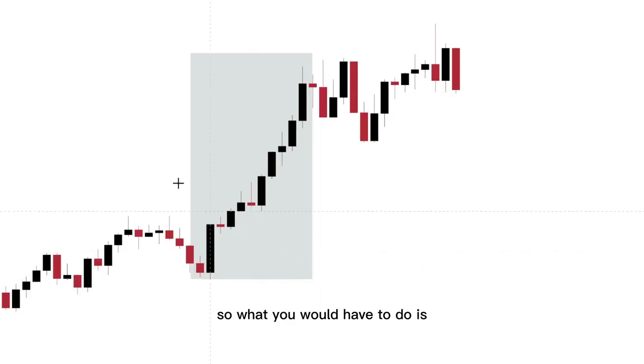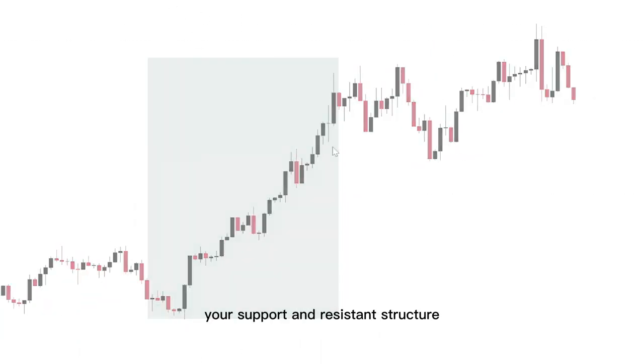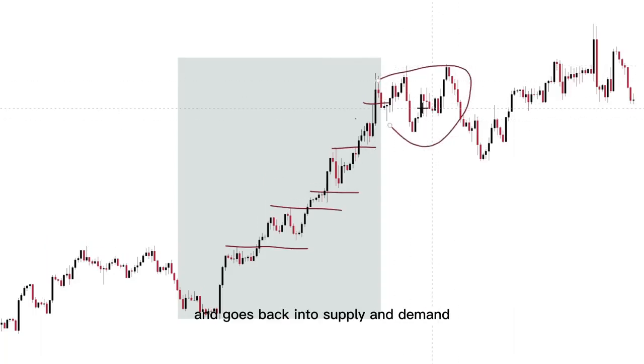So what you would have to do is lower your time frame and you'll be able to see your support and resistance structure. Should be here. Until price changes profile and goes back into supply and demand.